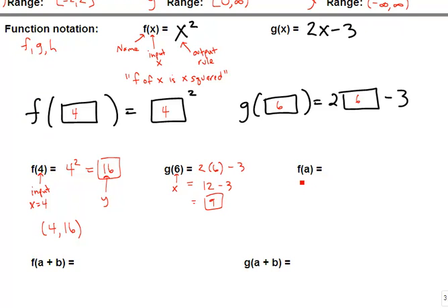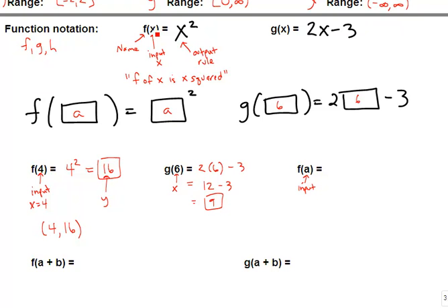Now when we go to f of a, notice this time I'm not substituting in a specific number, I'm substituting in a variable. And this is where students sometimes get a little bit confused. What we're going to want to do instead is use this notation over here with this box, and this time we're going to substitute in a for our input. So I'm just going to put an a in my input position here and also here.